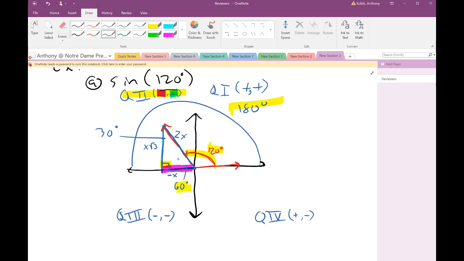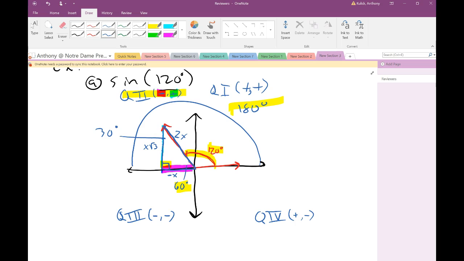So after you've drawn your reference triangle and labeled the side lengths, you have to go back and look at which quadrant that reference triangle is in and decide which of those legs of your triangle need to be positive or negative. So again, the horizontal sides correspond to when the x is positive or negative, and the vertical sides correspond to when the y is positive or negative. Is everybody okay with that so far?